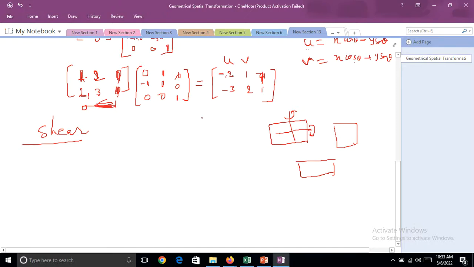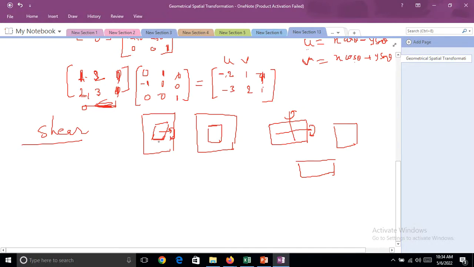If you have an image like this, and we want to shear this object, then in the same image this object will become like this, by rotating around the horizontal axis. That is called shearing.